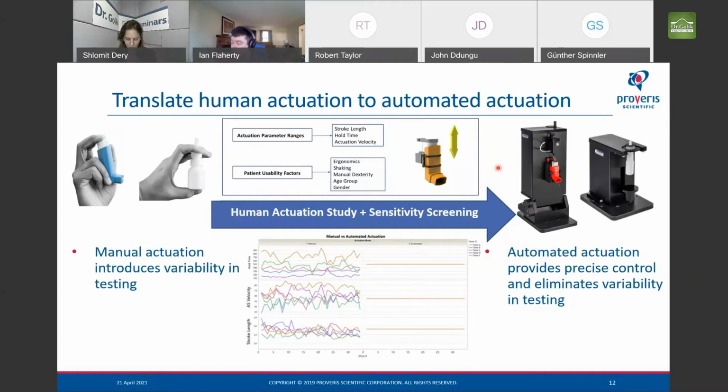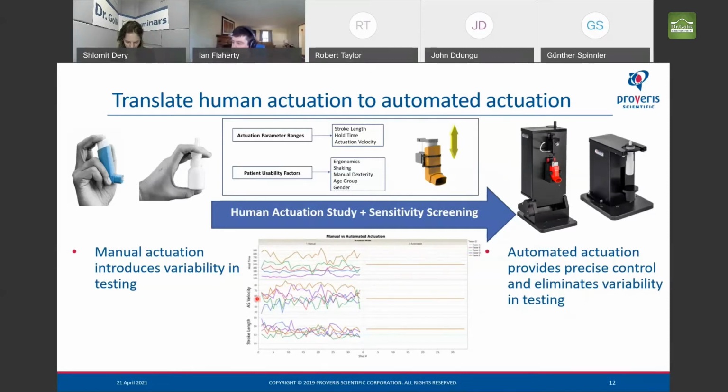So we can do a study where we get a certain number of patients to get a good value and basically come up with average values for these parameters that we can then use for automated actuation going forward. You can see here just an example of how variable manual actuation can be. So everything on the left here are profiles from actual humans actuating the device.